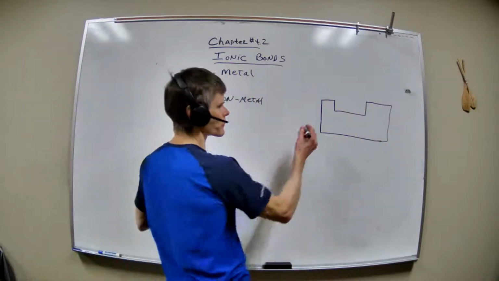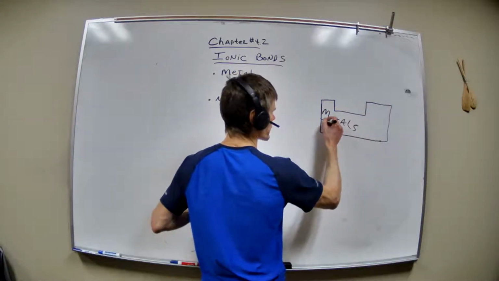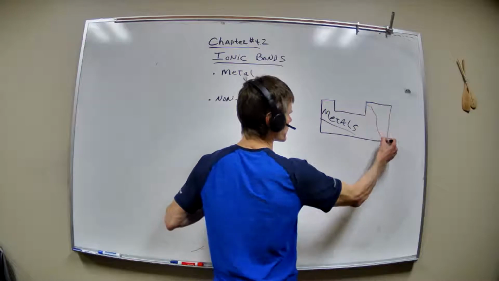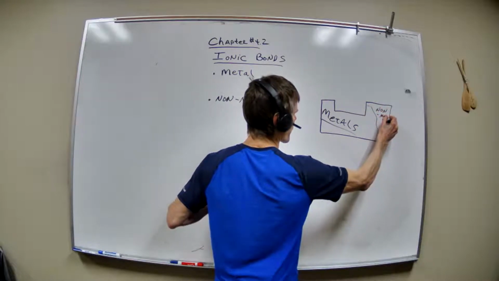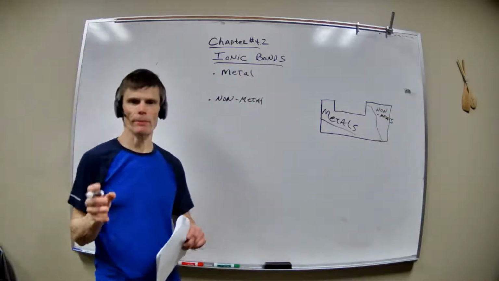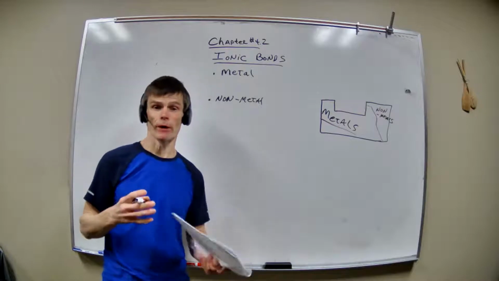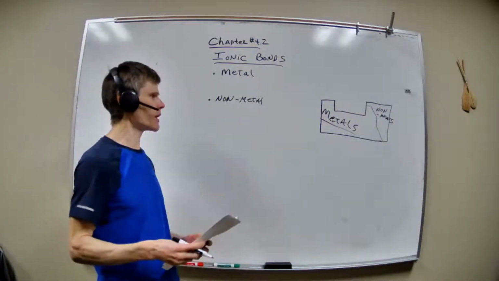But remember, our metals sit in this region of the periodic table. These are our metals. Over here are our nonmetals.